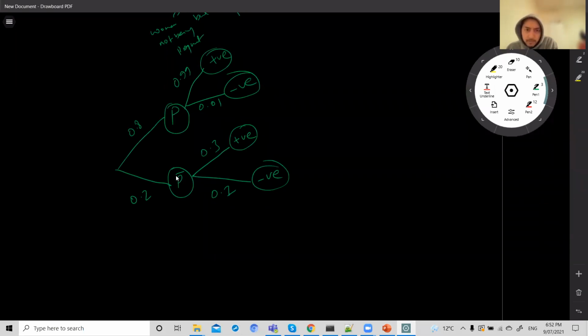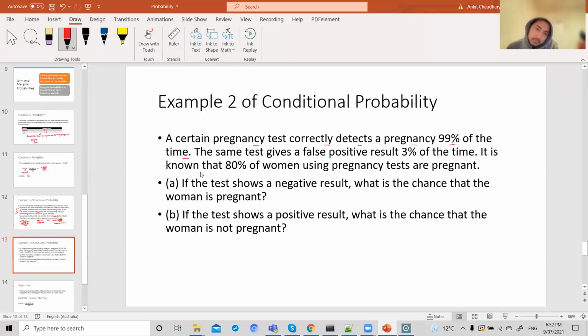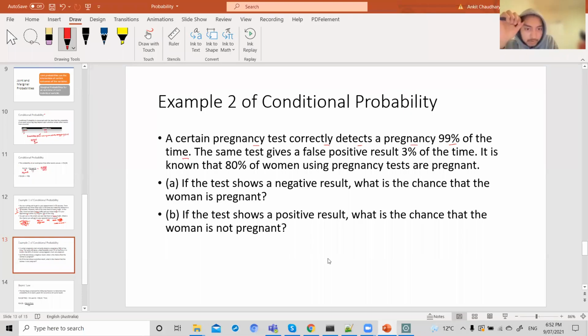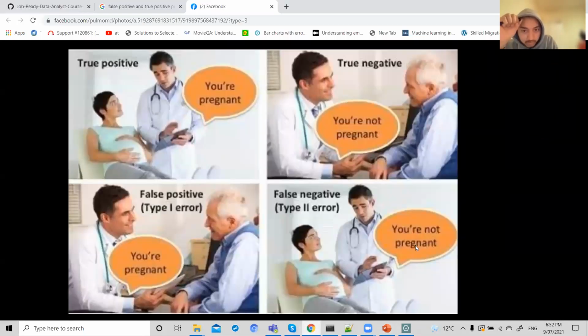So the first part says the positive result is 0.99, negative result is 0.01, and false positive, like not being pregnant but considered as pregnant, is 0.3, and 1 minus that is 0.7. This is true negative. False negative means she is pregnant but the result says not pregnant.